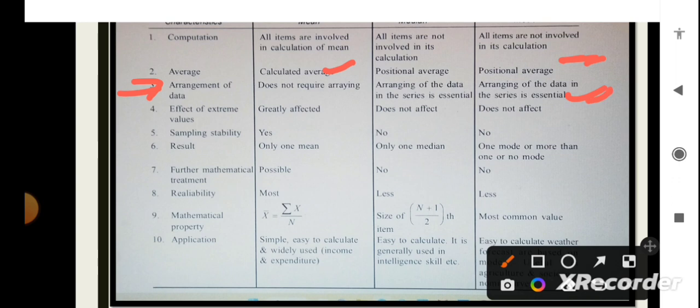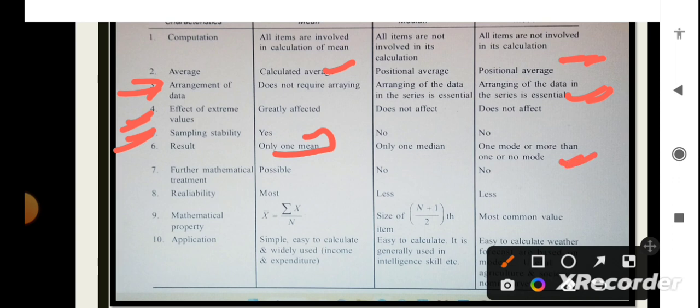Mean is greatly affected by the extreme values and it also has sampling stability. But median and mode do not have any such property. Mean is only one, that means it has a single value, whereas the mode can be one or more than one.